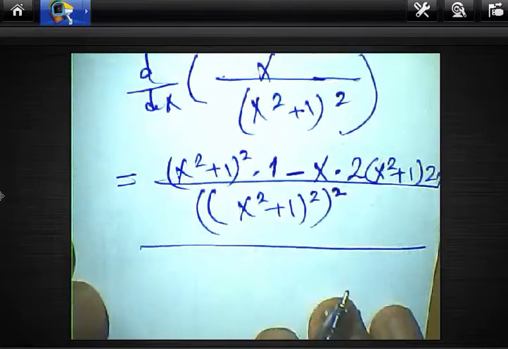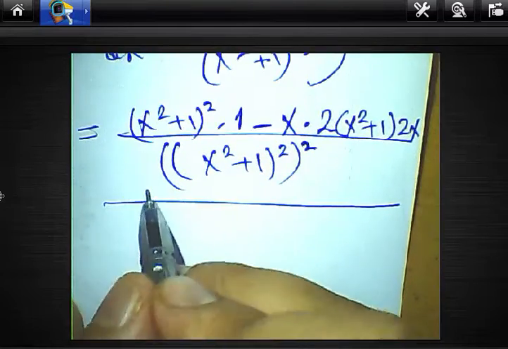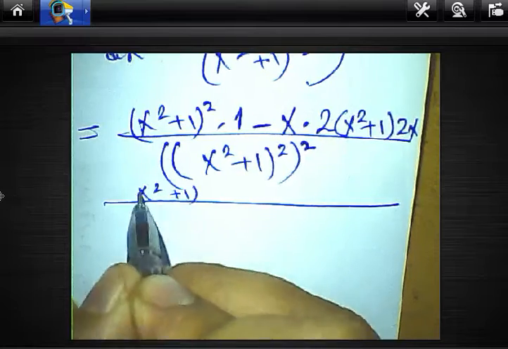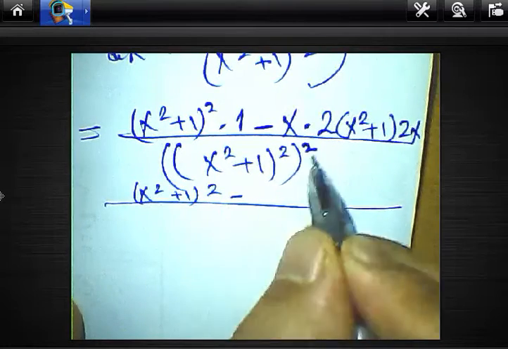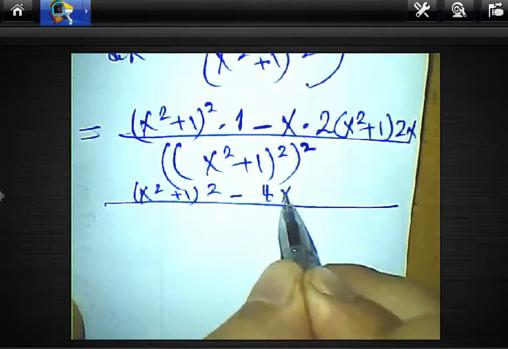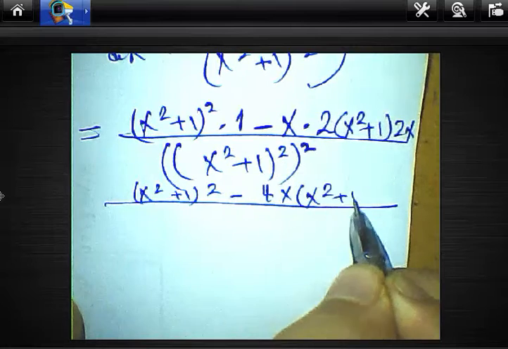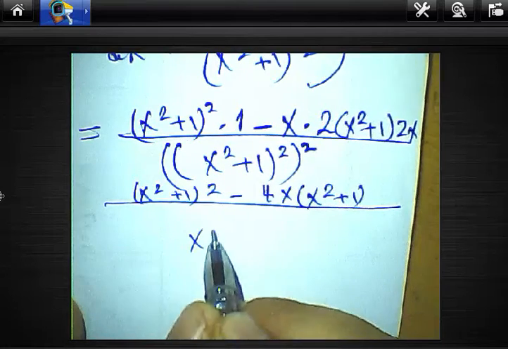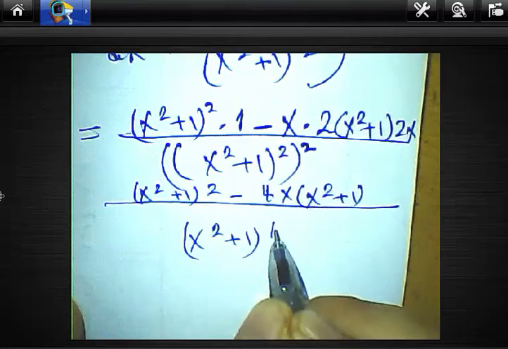And we can simplify it here. x power 2 plus 1 power 2 subtract 2x multiplied by 2x equals 4x multiplied by x power 2 plus 1, over x power 2 plus 1 power 4.